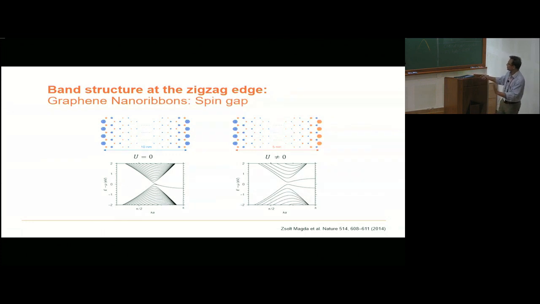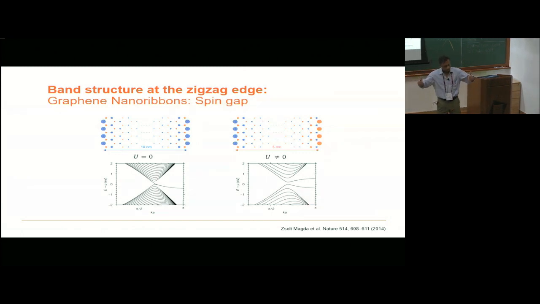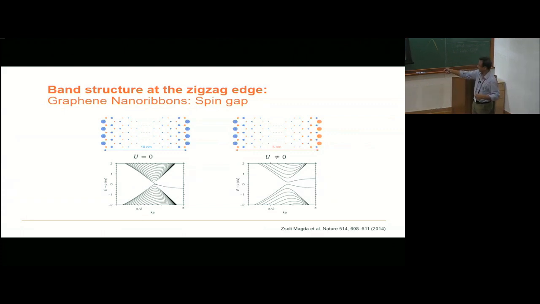But there are several experimental reports, for example this one in 2014 in Nature, which shows that if you include the Coulomb interaction, you can have a magnetic order of the two edges. Either it's antiferromagnetic or ferromagnetic, depending on the width of the ribbon separating the two edges.